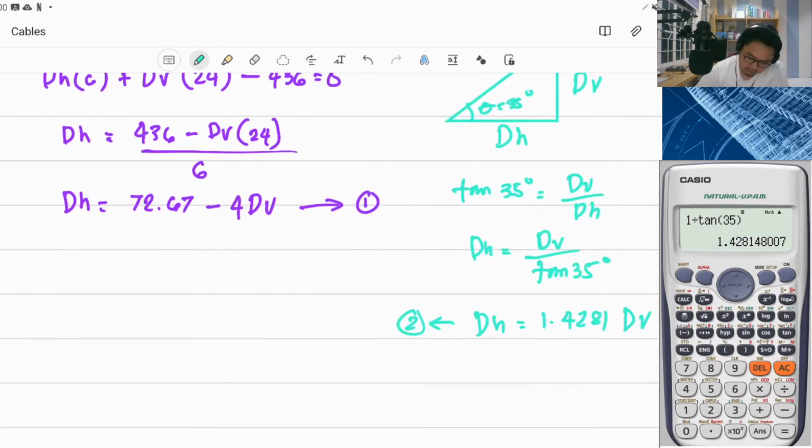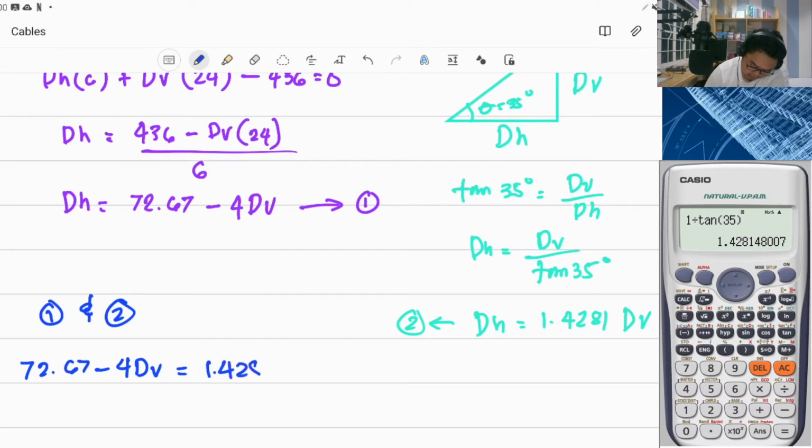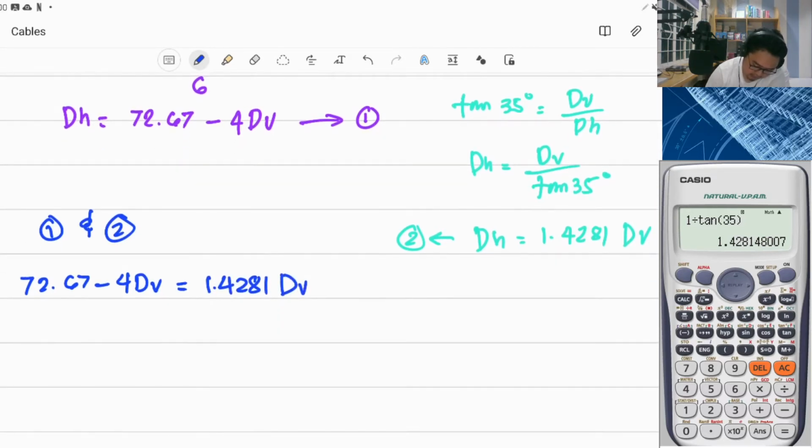We can now solve DV by equating equation 1 and equation 2. So 72.67 minus 4 DV equals 1.4281 DV.